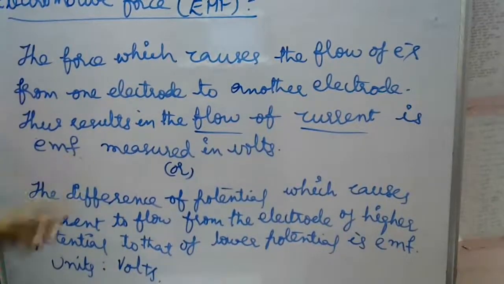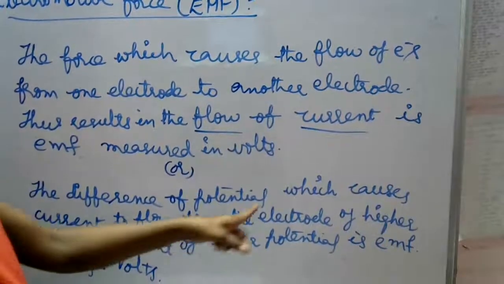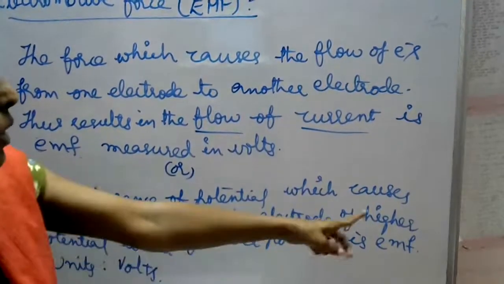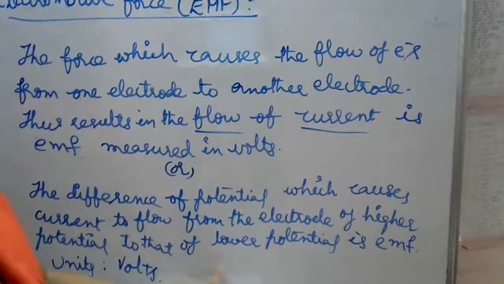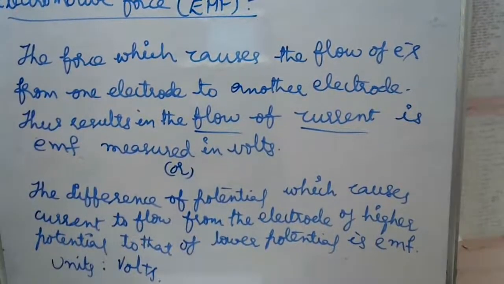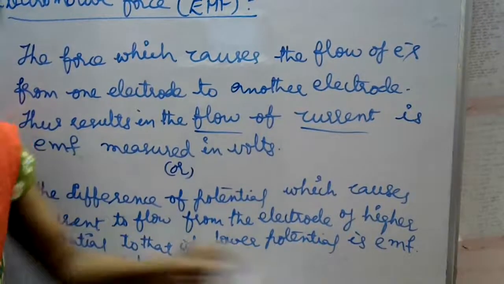Or we can say it is the difference of potential which causes current to flow from the electrode of higher potential to that of lower potential.